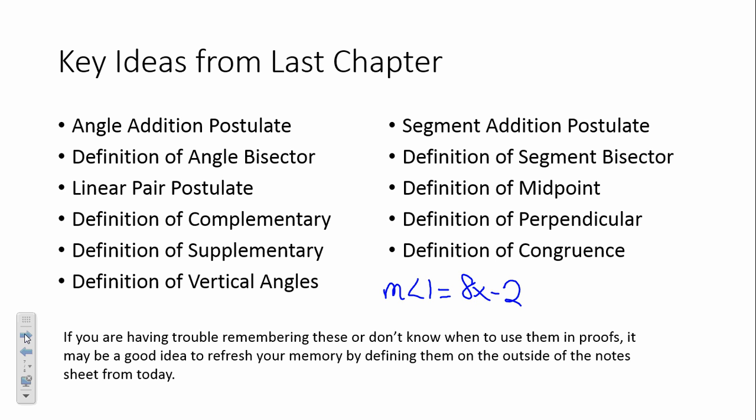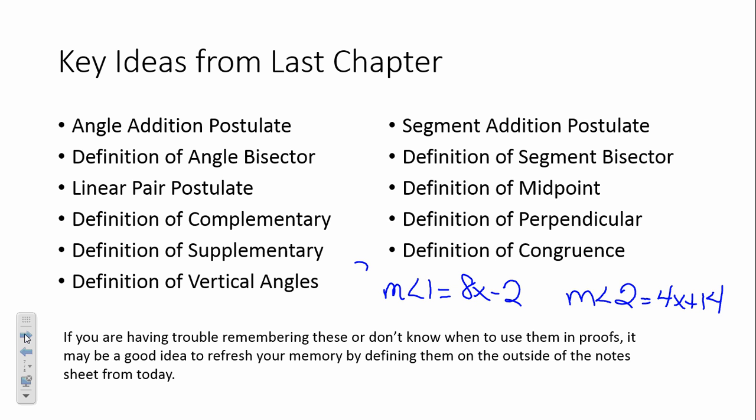So change that from a 12 to a 2. And the measure of angle 2 equals 4x plus 14. That'll give you some nice numbers with no decimals when you work those out.